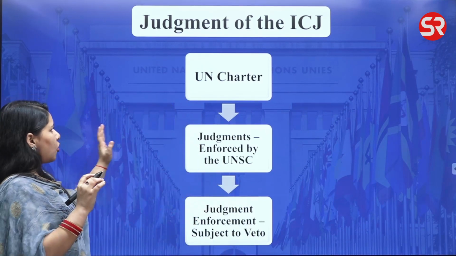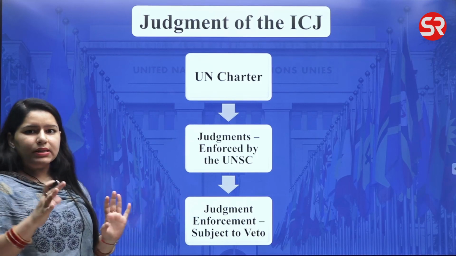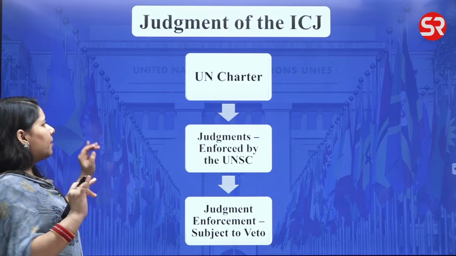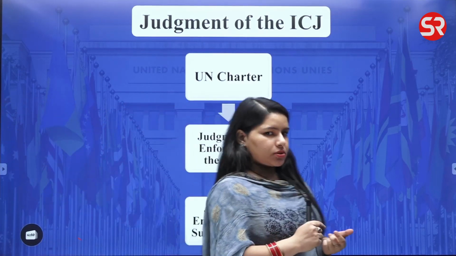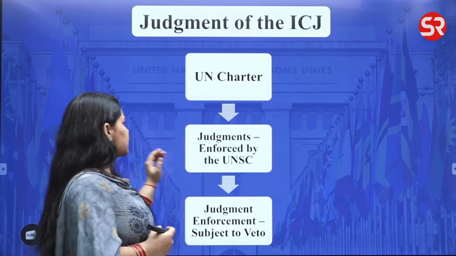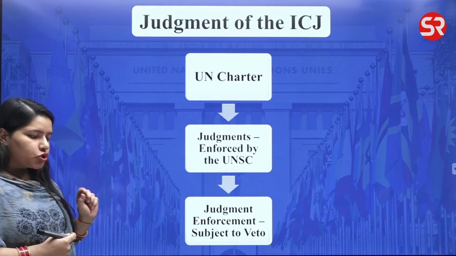Now Pakistan can say, I will not follow the judgment, whatever the ICJ says, it is biased, and so on, right? But how can the UN ensure that nations follow the judgment, or that the judgments are binding? How can the binding principle be ensured, right?